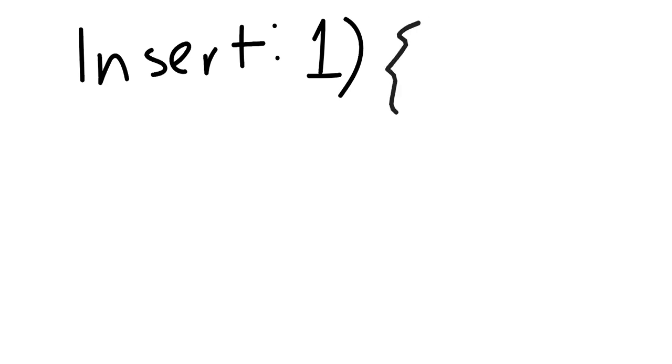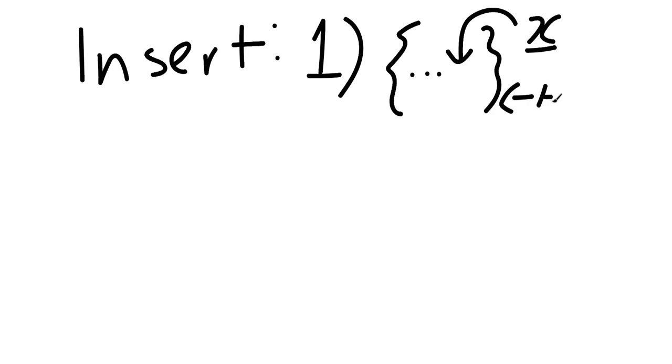So say we have a bunch of stuff, and we want to insert this x. Well, we add it to the next available slot, or rather to the end of the heap array. So we just append to the heap array.